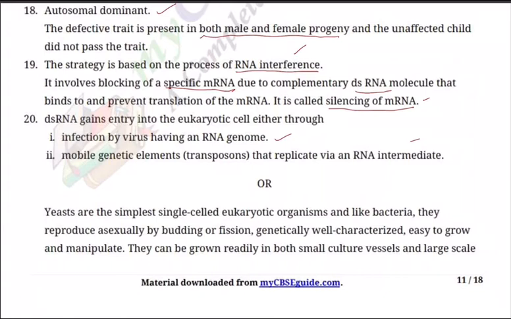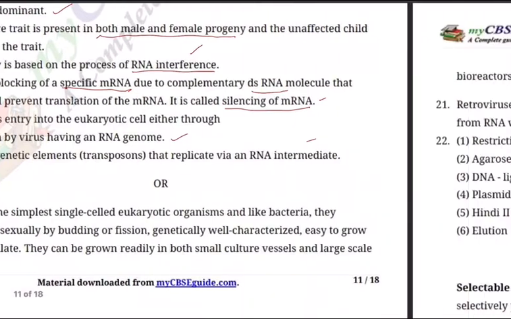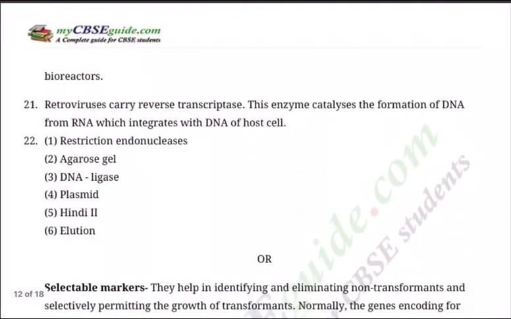They reproduce asexually by budding or fission, are genetically well characterized, and easy to grow and manipulate. They can be grown readily in both small culture vessels as well as large culture bioreactors.